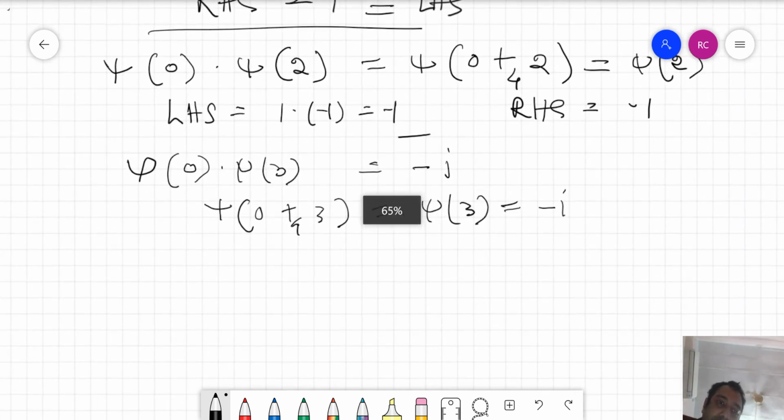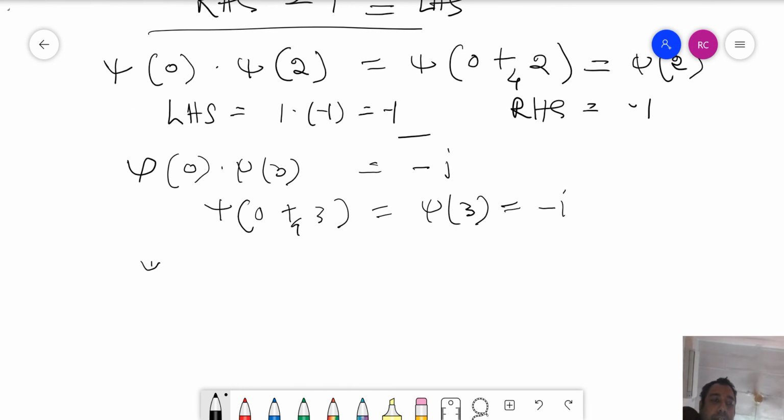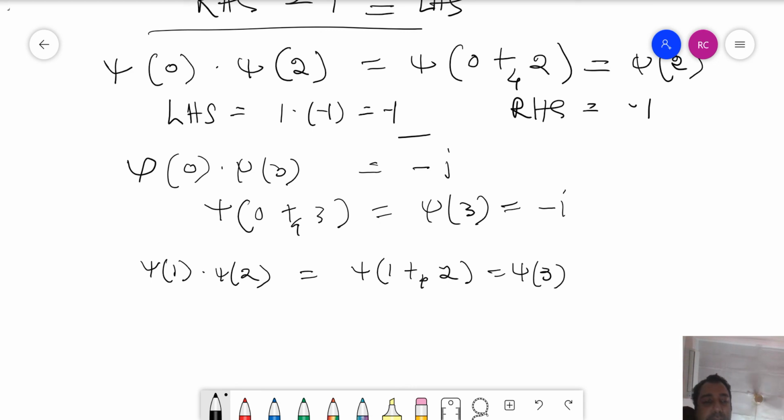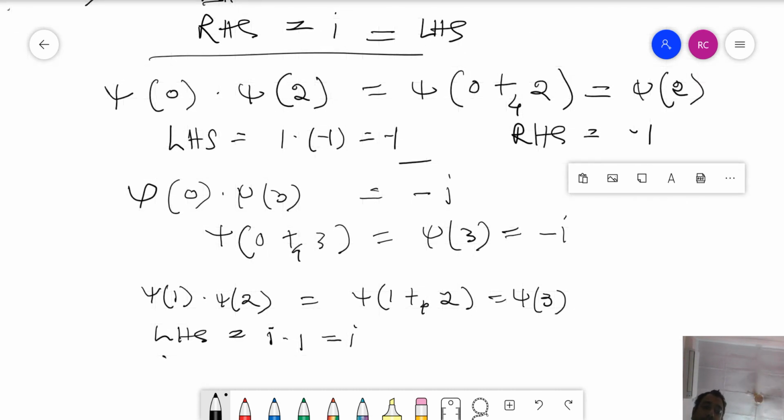Okay, now we come to phi 1 dot phi 2, which gives us phi of 1 plus modulo 4 2, which is phi 3. LHS is, how much is phi 1? Phi 1 is i. Phi 2 is minus 1, so we get minus i. And RHS is equal to phi 3, which is minus i.